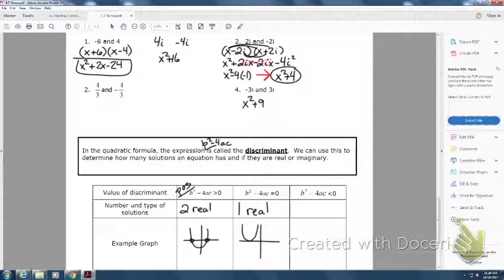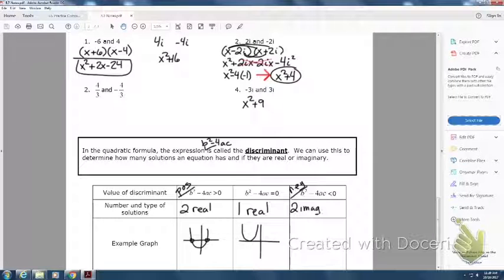If the discriminant b squared minus 4ac is less than 0, which is another way of saying that the discriminant is negative, which on the examples that we did on the bottom of the last page, how many answers did we get? 2. Were they imaginary or real?